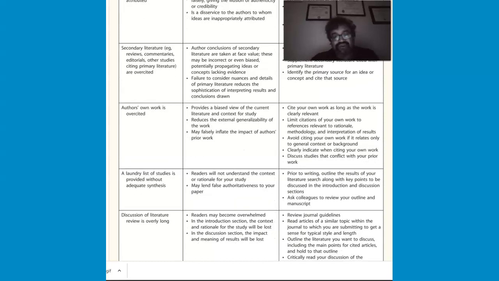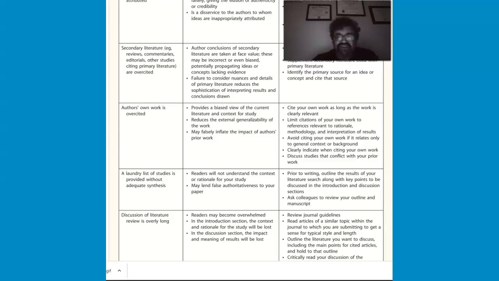An author's own work is oversighted, and sometimes when you have 95 articles out there, then you oftentimes want to cite yourself, but then you're not allowing other perspectives to be included. And so citing your own work is fine as long as it's clearly relevant, but limit citations of your own work to references relevant to rationale, methodology, and interpretation of results.